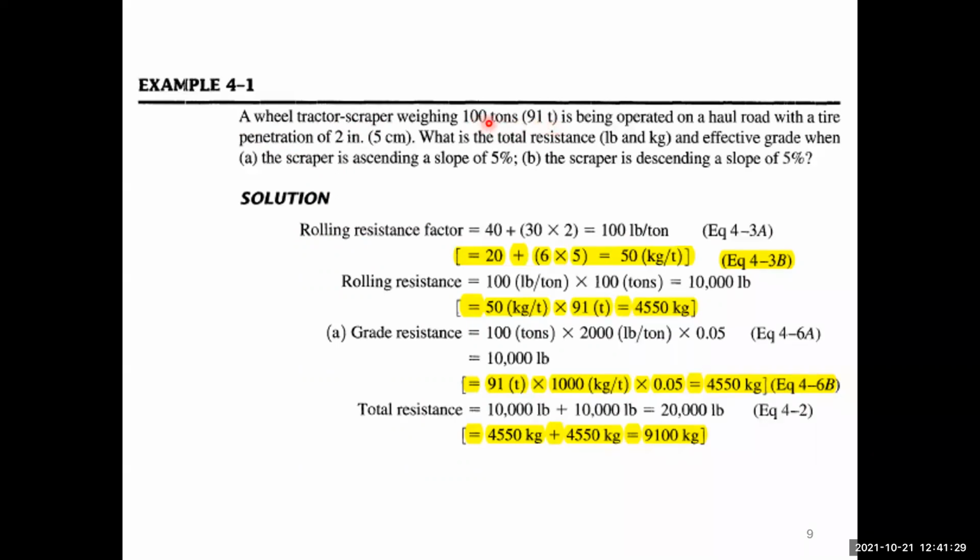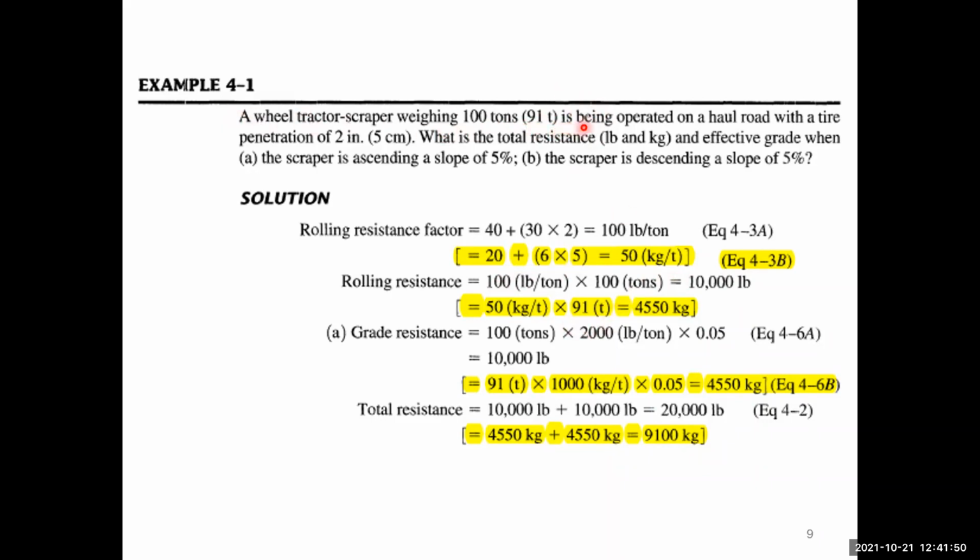So it will be 100 times 2000, that will be about 200,000 pounds, and that will be about 91,000 kilograms. So we are using the kilogram SI units in the calculations which I have highlighted over here.